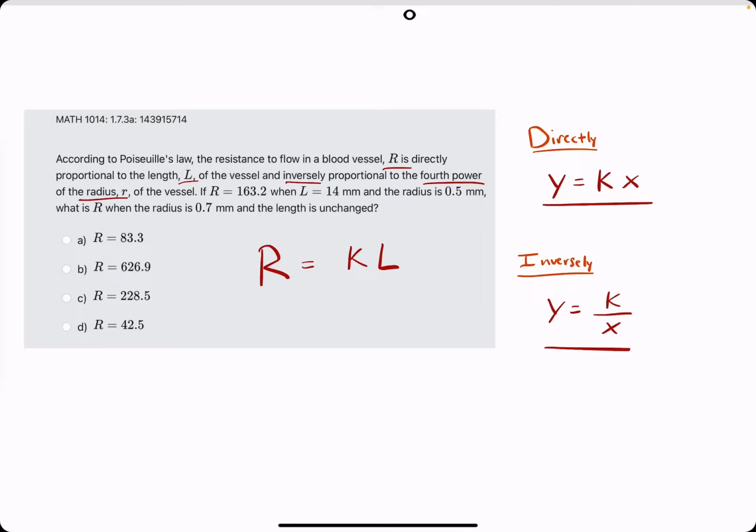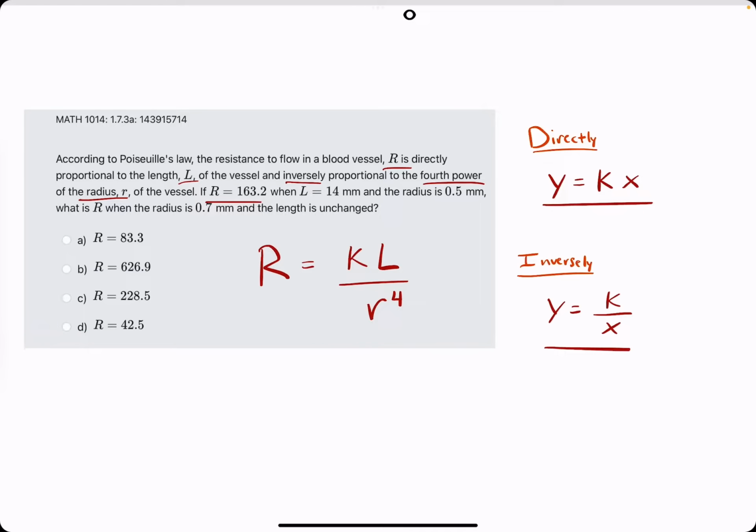So inversely means whatever term they're talking about will be in the denominator, and so they have the fourth power of r, which means r to the fourth. So we're combining the two things they tell us to make one equation for capital R. R is directly proportional to L, that's why L is in the numerator, and inversely proportional to the fourth power of r, that's why r to the fourth is in the denominator.